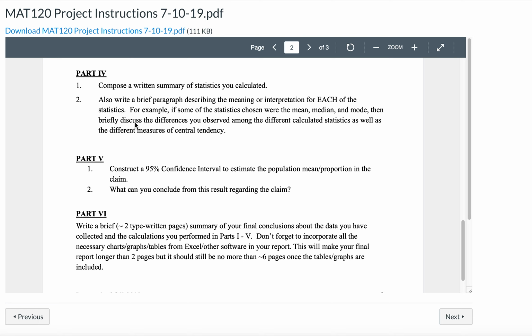You're just going to give me a written summary of what you calculated. You're going to say, this is the mean, the median, the mode. This is this. Then in that brief paragraph, you're going to give me the meaning or interpretation of each. For example, if you've given me mean, median, and mode, you should tell me the best measure of central tendency for your data set.